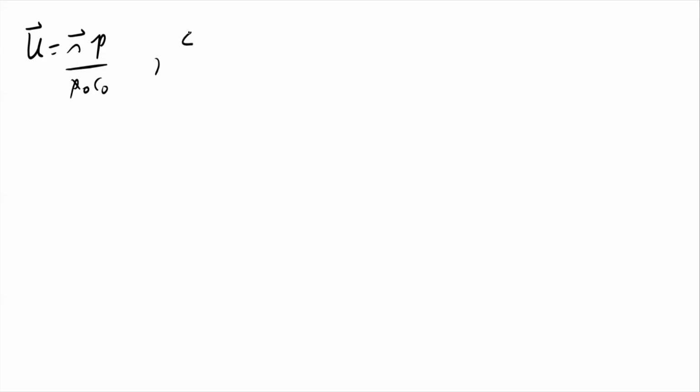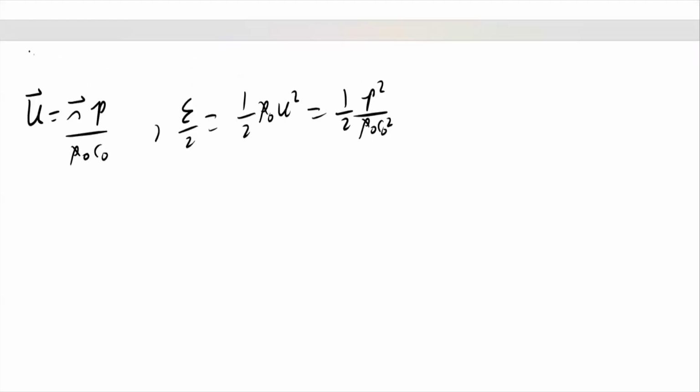We see then that epsilon over 2 is 1/2 rho naught u naught squared, which is equal to 1/2 p squared over rho naught c naught squared. In other words, for a plane wave, the kinetic energy density and the potential energy density are equal, and they're equal to half the total energy density.